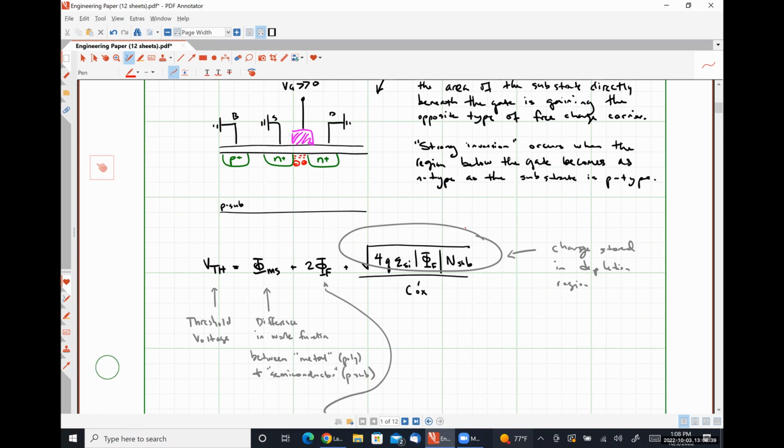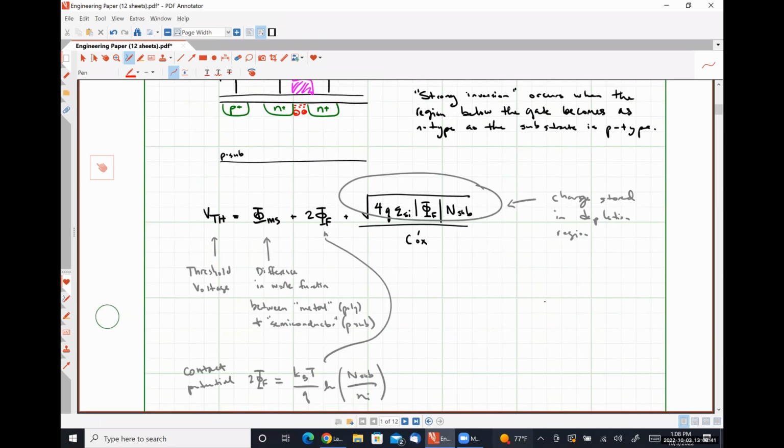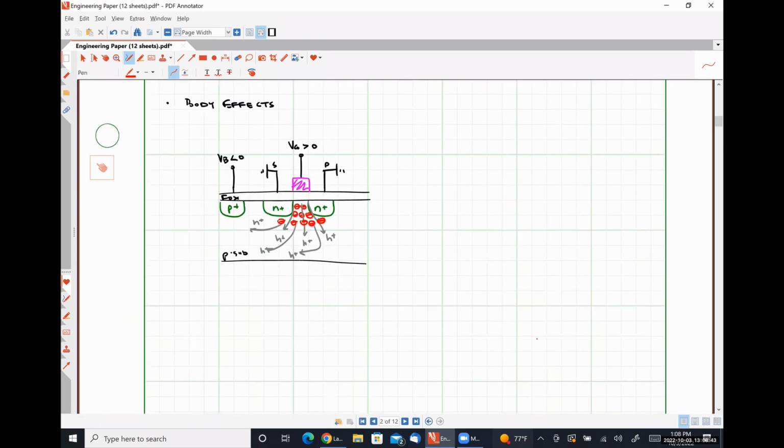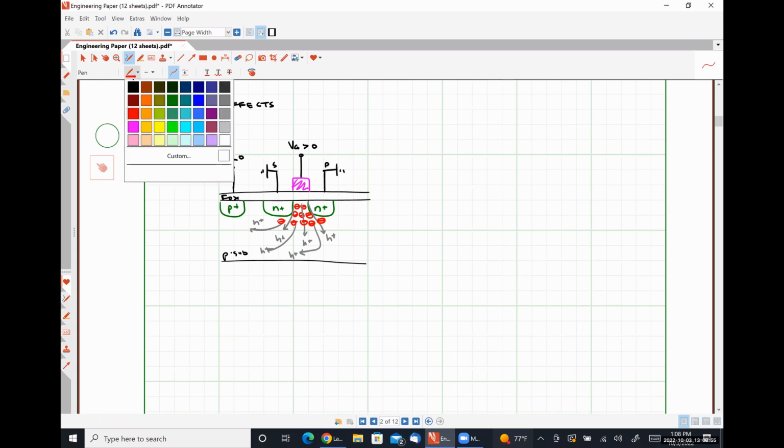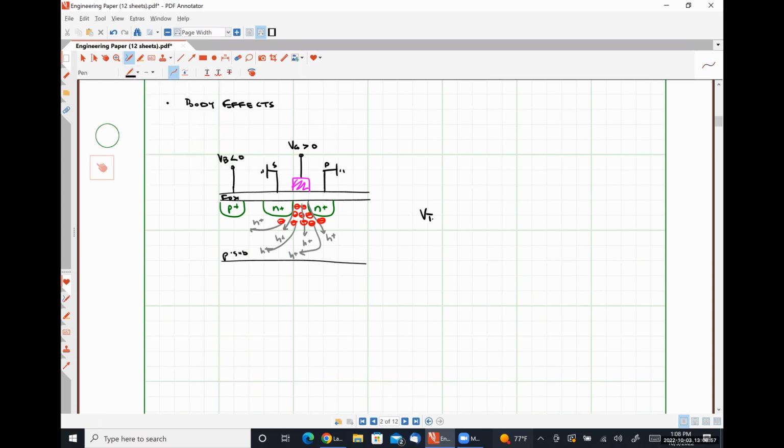It's going up. So the body effect, if we allow our body to be at a lower potential than our source, we are going to increase the threshold voltage of our device. So now our threshold voltage is going to look something like this.